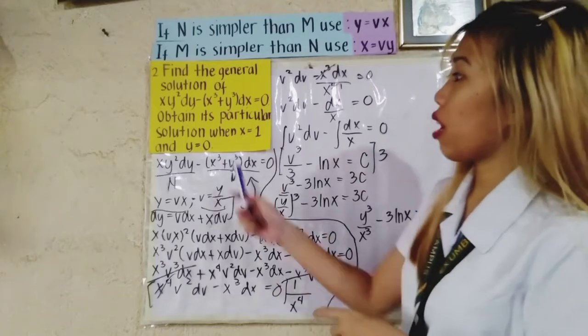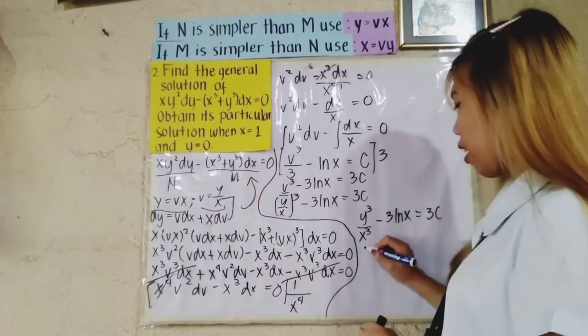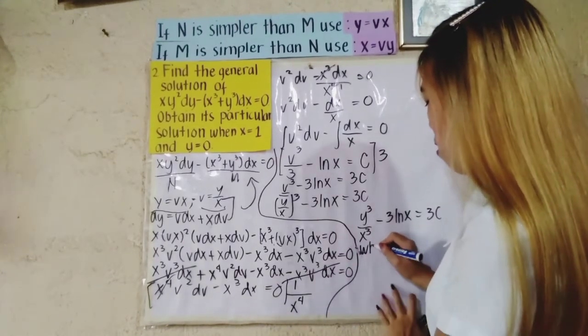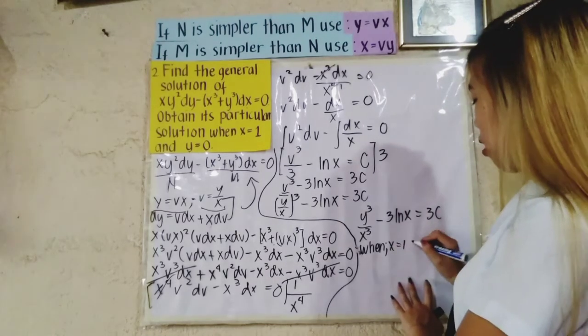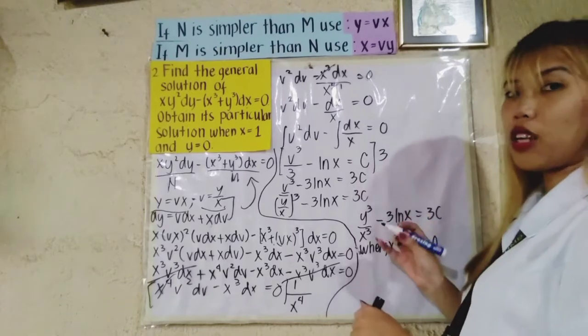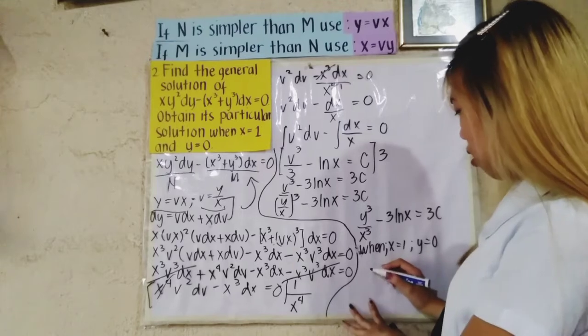So, di ba, sabi nung una, obtain its particular solution when x daw is equal to 1 and y is equal to 0. Isa-substitute lang natin yung value ng x at y dito sa nakuha nating function.